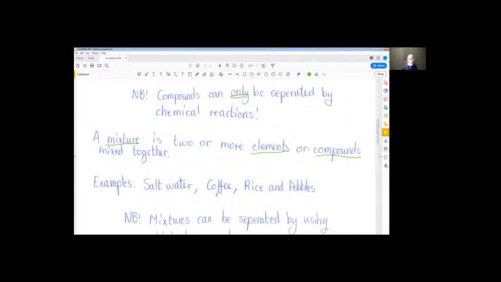Here I need to stop and quickly explain something. Here we go. We get two different kinds of mixtures. We get homogeneous mixtures. And then we get non-homogeneous mixtures.